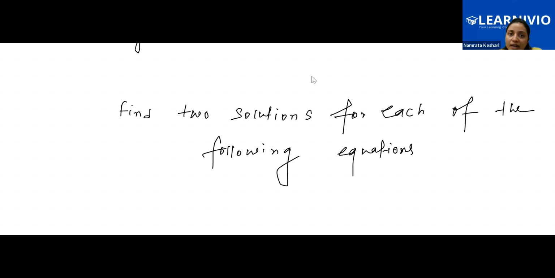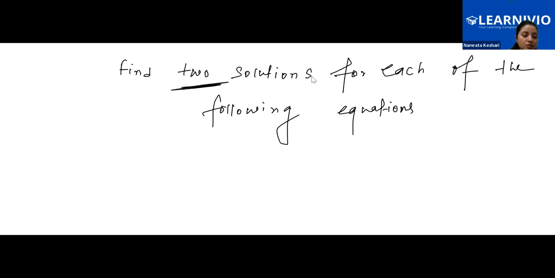What is the meaning of satisfying the equation? It means there are so many x and y values for which the left hand side and right hand side come out the same. Here, from those infinitely many solutions, we just have to find two solutions. Let me write the equations.